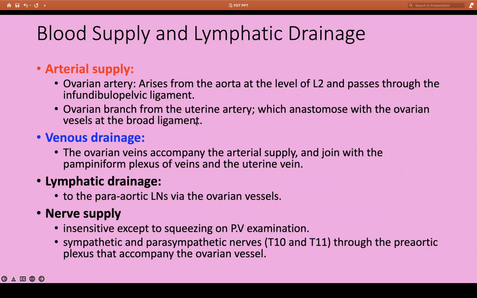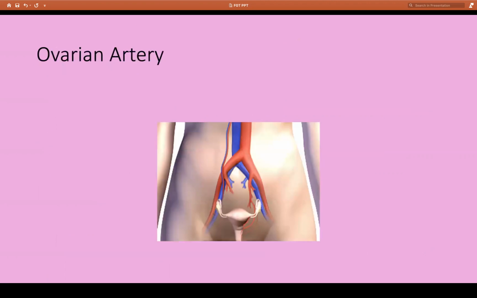Blood supply of the ovary: ovarian artery and branches from the uterine artery, and venous drainage accompanies the arterial supply. Lymphatic drainage is to the para-aortic lymph nodes. Nerve supply is usually insensitive, except when you squeeze it on PV examination. Sympathetic and parasympathetic nerves from thoracic 10 and 11.